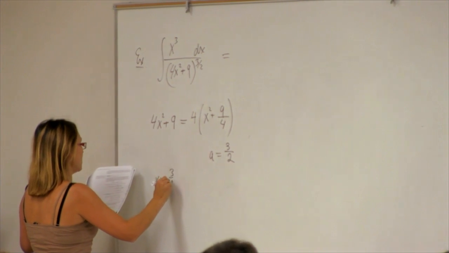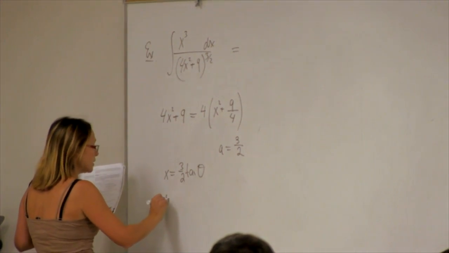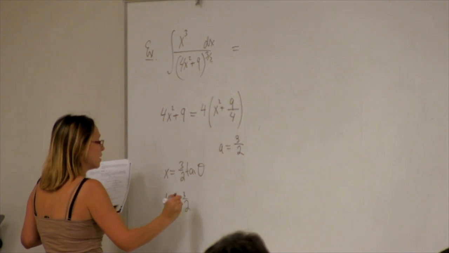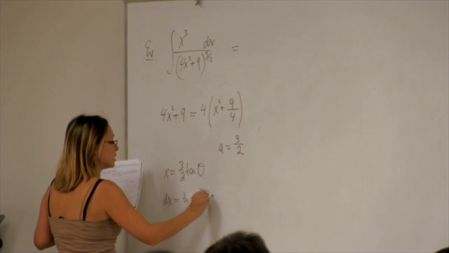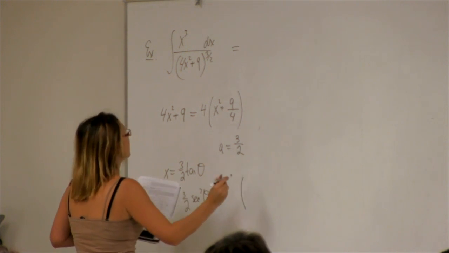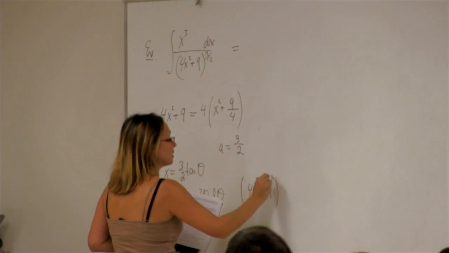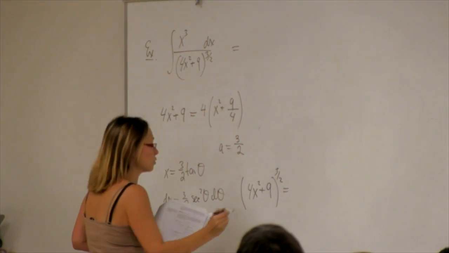x equals 3/2 tangent theta. dx is 3/2 secant squared theta d theta. How about the square root? So 4x squared plus 9 to the power 3/2. What's that equal to?